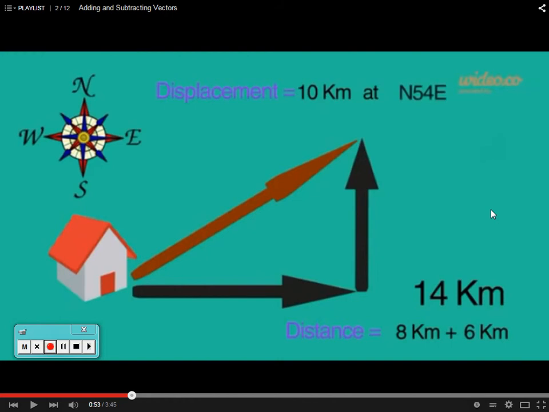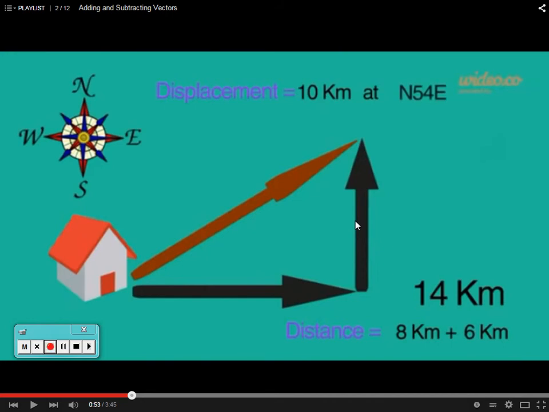That was my first displacement. Then I walked 6 kilometres north, okay? So I did 1 displacement, 2 displacements. And then the final displacement was this long brown arrow here. So this final displacement is equal to 2 smaller displacements. Are we okay with that?